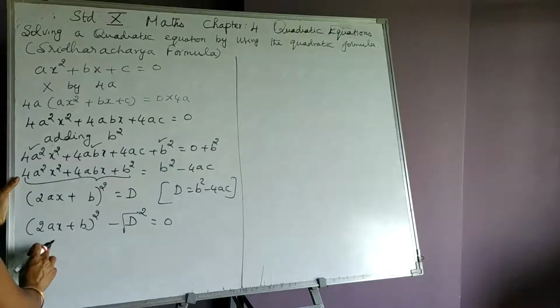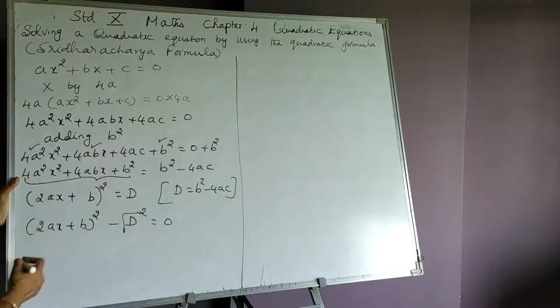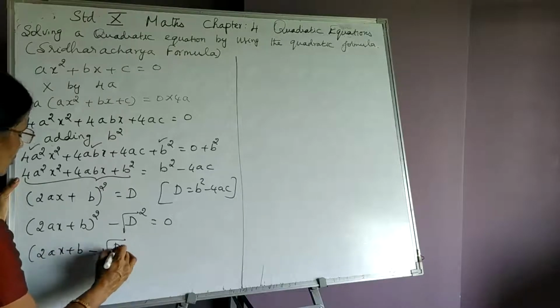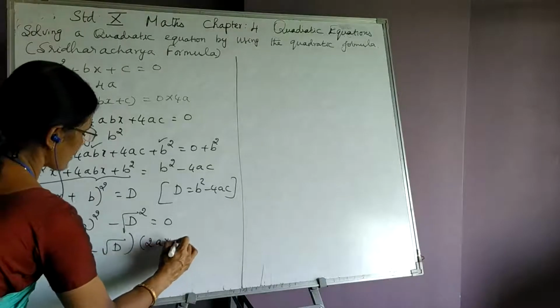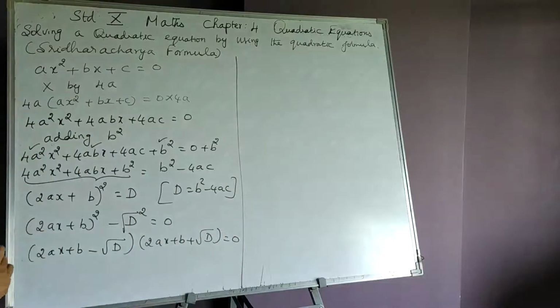So now we have got the given equation in the form a square minus b square. What are the factors of a square minus b square? It is (2ax plus b minus root d)(2ax plus b plus root d) equal to what? Equal to 0.